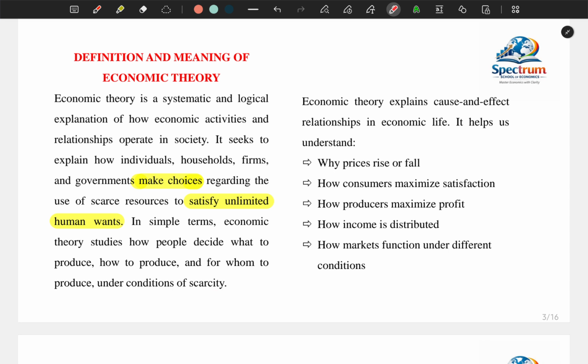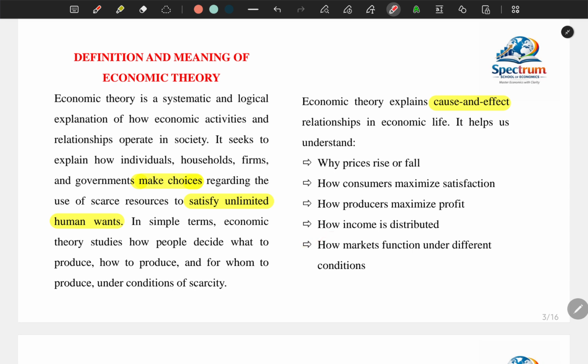So, economic theory explains cause and effect. You can also write this in your notes. It explains the cause and effect relationship in economic life, and it also helps us understand why prices are rising or falling, how consumers maximize their satisfaction, how producers maximize profit, how income is distributed, and how markets function under different conditions.